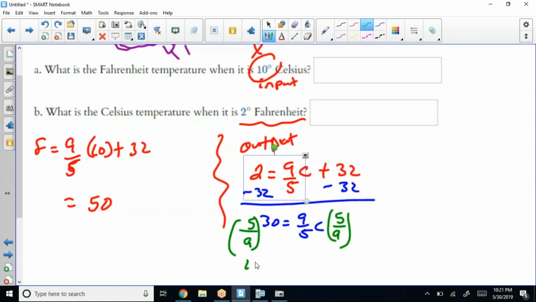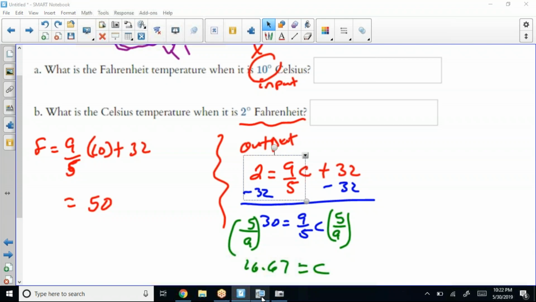So that's going to give you 16.67 equals C, right? So that's how you would normally do it in an algebra class, or if you've done it by hand. I'm going to show you how to do this on the calculator, and know that if you typed it in correctly, boom, you got it done.